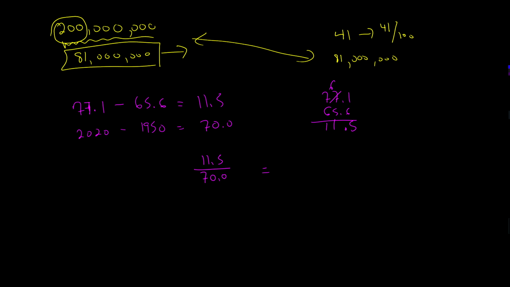So 11.5 divided by 70 is about 0.16. And there are more decimal places here, but I'll round it to the nearest hundredth.